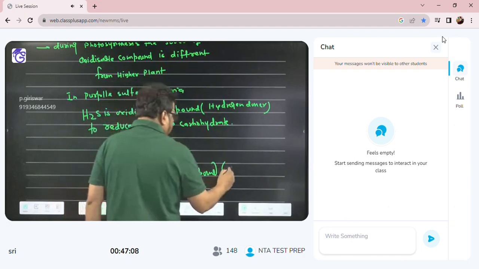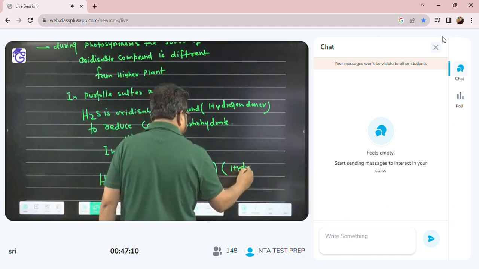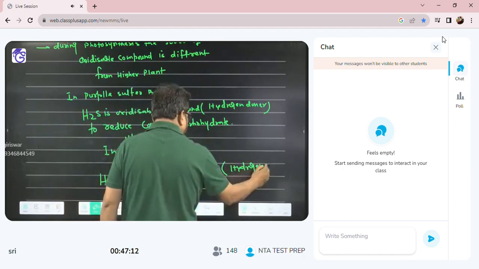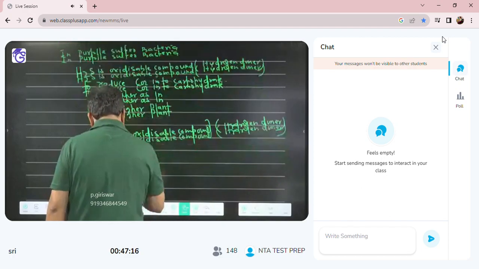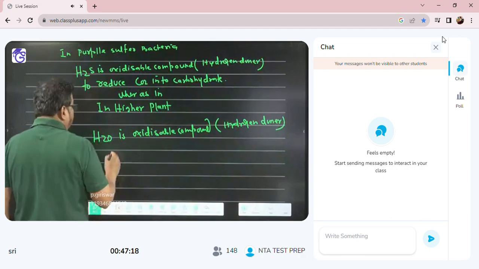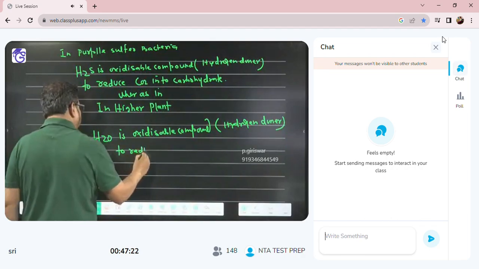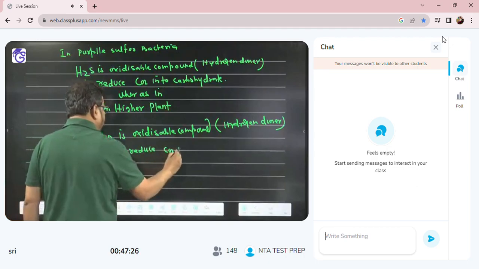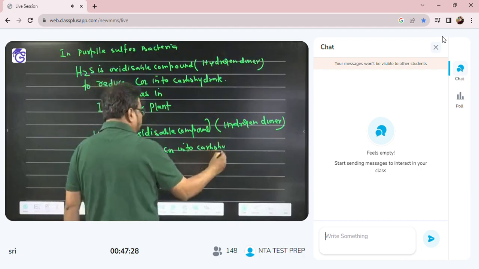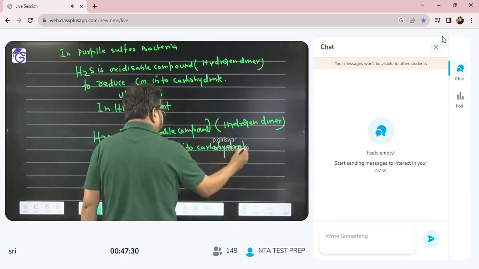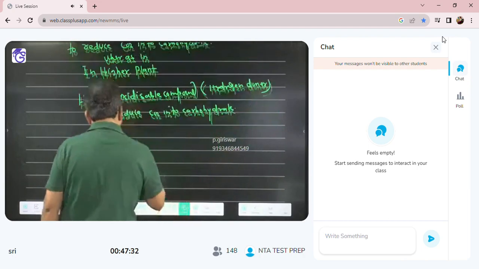That is the hydrogen donor. Got the idea? To reduce CO2 into carbohydrate. Try to understand it with the equation.